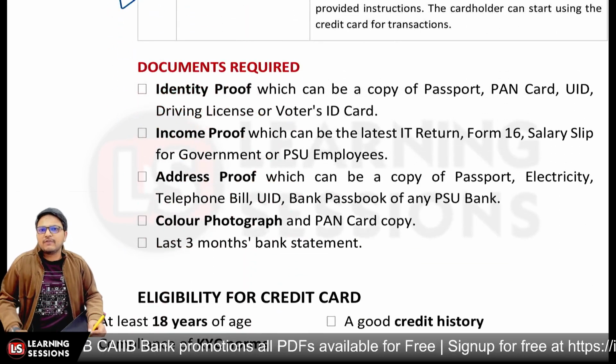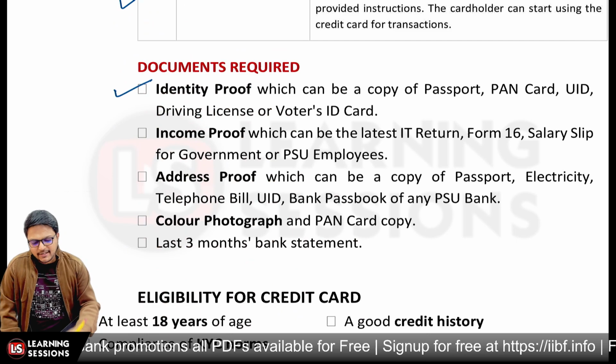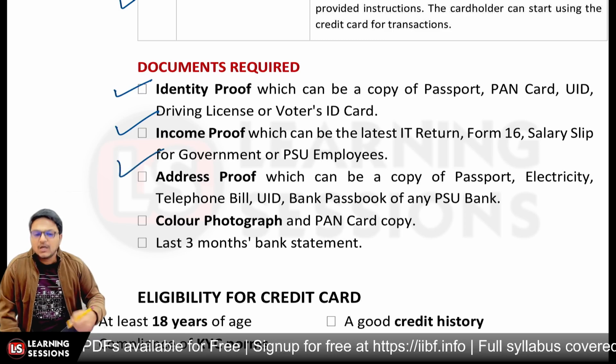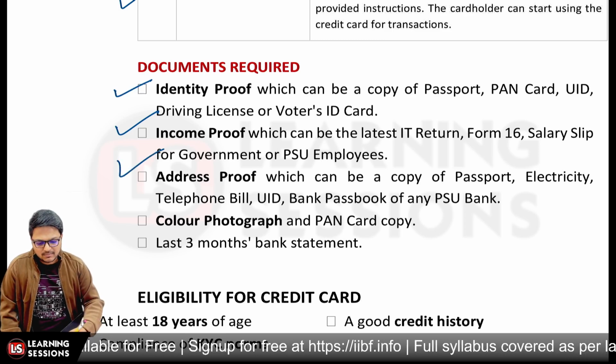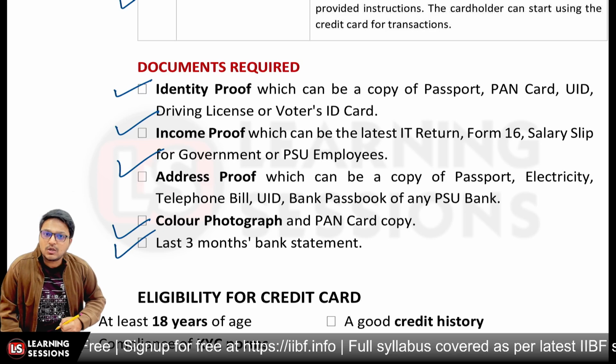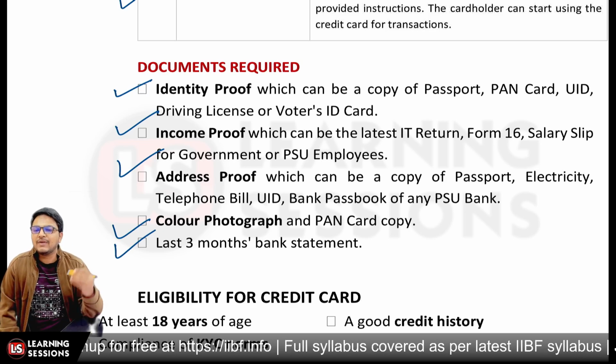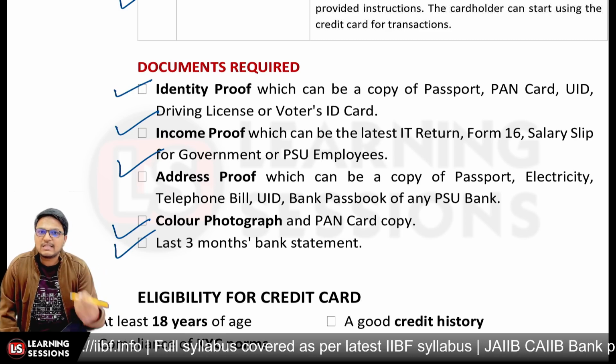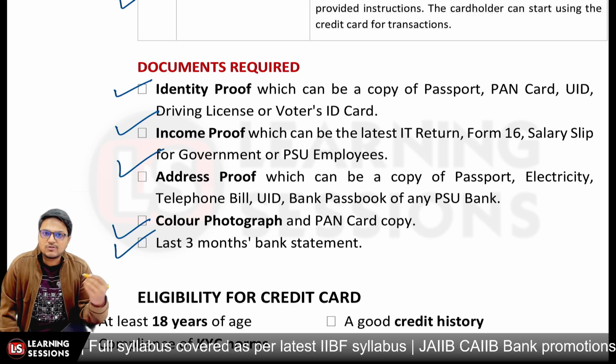After that, what are the different documents required? You do require the identity proofs, you do require the address proof, you do require the income proof, you do require the colored photographs, and last 3 months' bank statement is also required. For the income proof, we can go for the latest IT returns, we can go for the Form 16, we can go for the salary slips from the government or PSU employees over there.